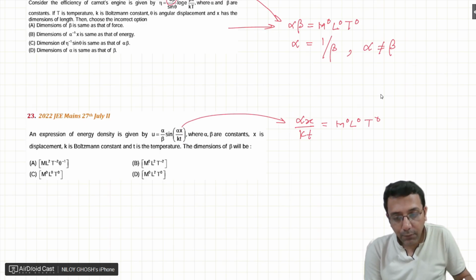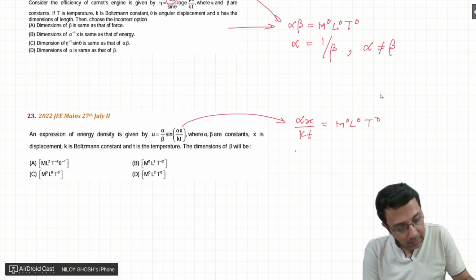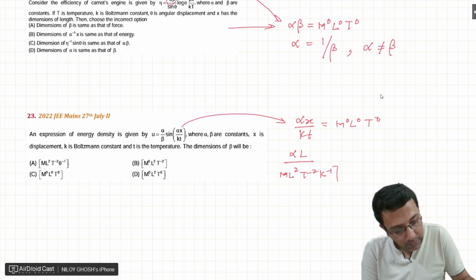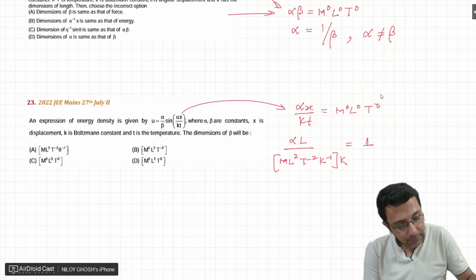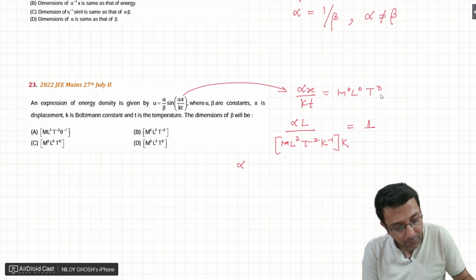Okay, so from there we can find out that alpha L divided by, in place of K, that is Boltzmann constant, we can write M L square T minus 2 K minus 1, and there is another T, that is temperature. So here also I am writing Kelvin. Okay, is equal to 1. So what is the value of alpha we get from here?